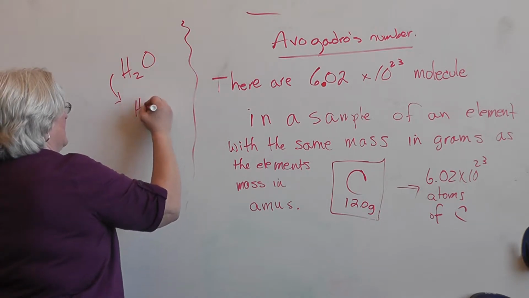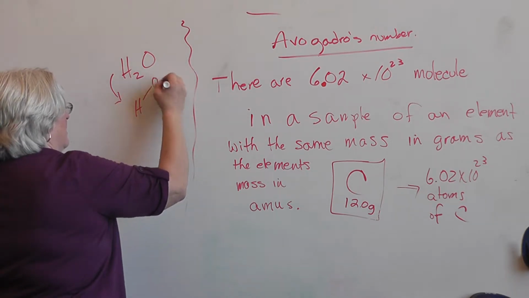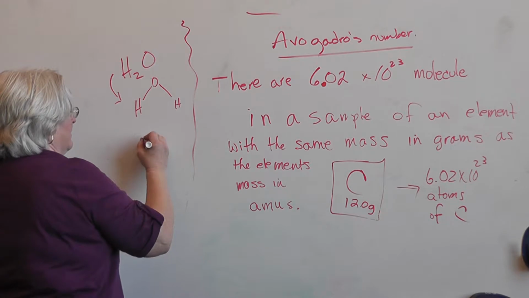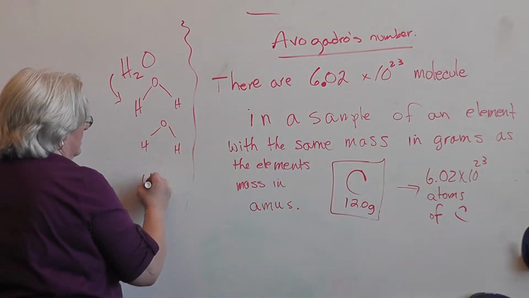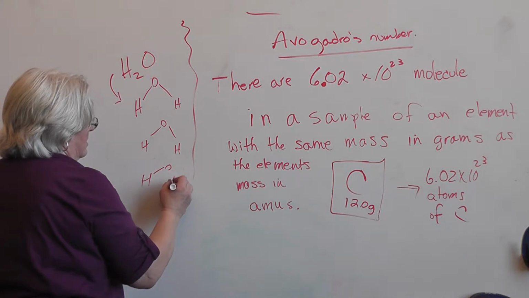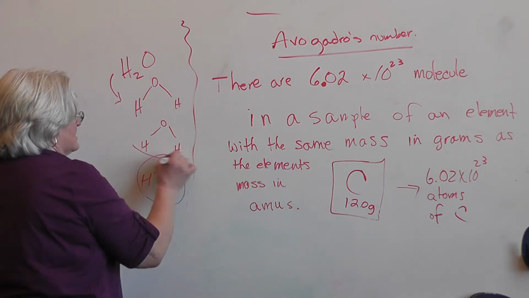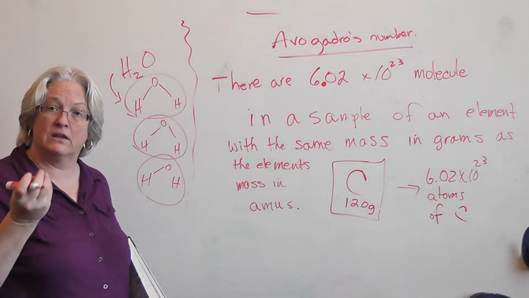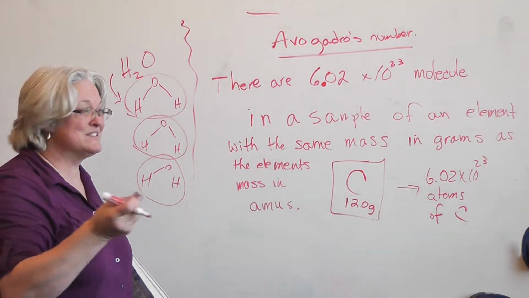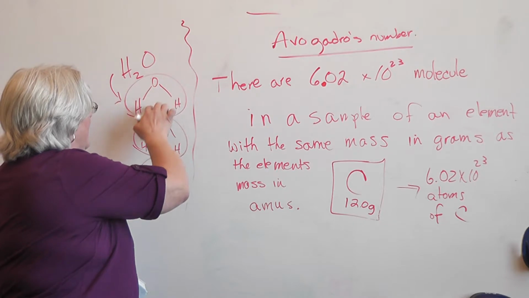So we have a helium and an oxygen, and a helium, and we have a helium, helium, oxygen, helium. So these are not atoms because they contain pieces of more than one element.